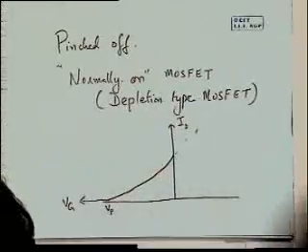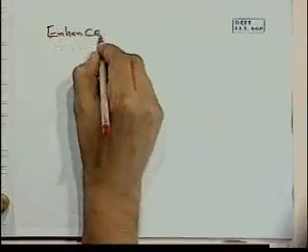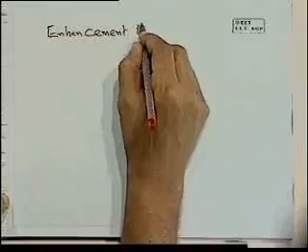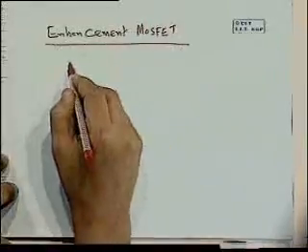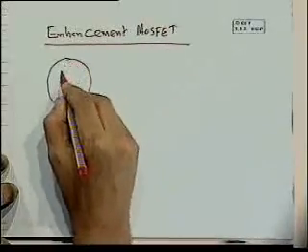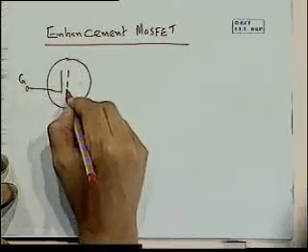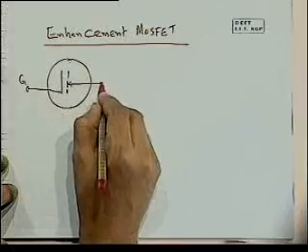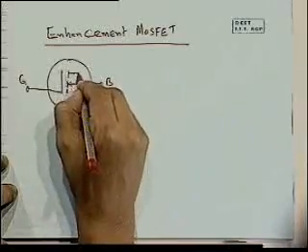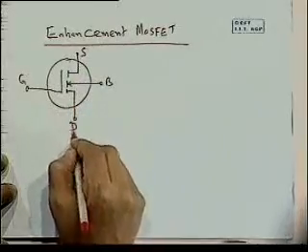We can have another kind of MOSFET that is known as an enhancement MOSFET. And the symbol for that is, again we have the gate there, that's the body, source and drain.